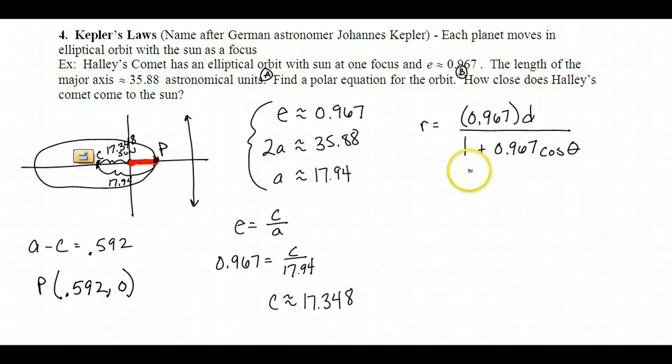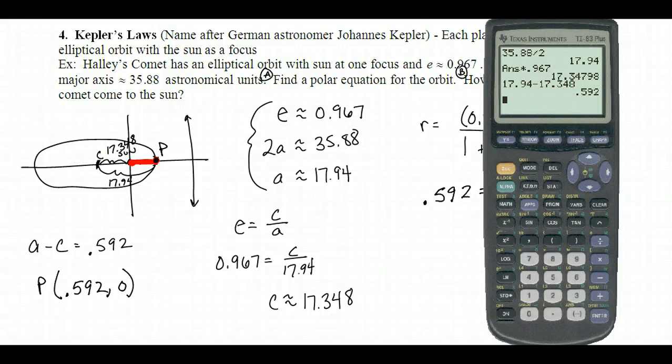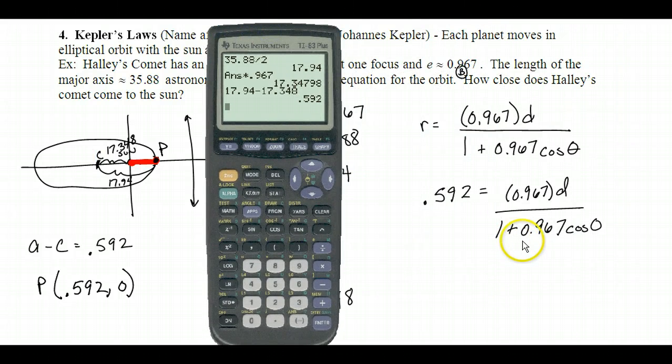So when I go and plug this in now, I have 0.592 is equivalent to 0.967D divided by 1 plus 0.967, and then I have cosine 0. Well, cosine 0 is 1 times 0.967 will give me 0.967 plus 1. So therefore, my denominator is 1.967. I'm going to multiply that over.